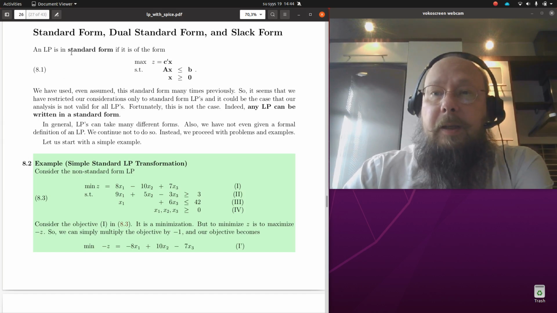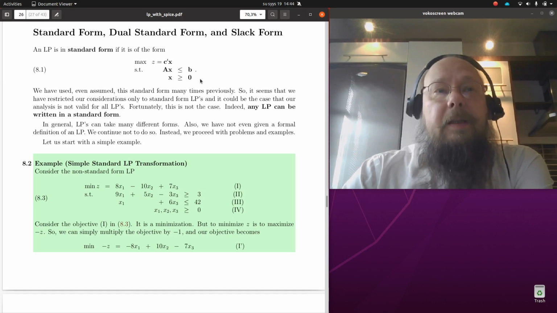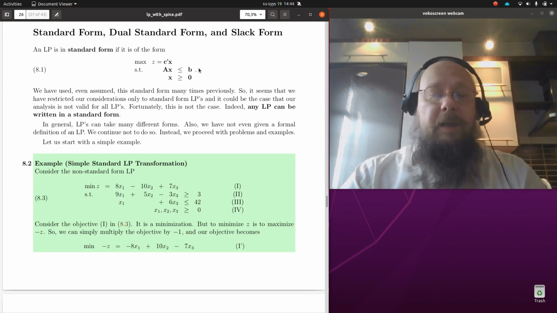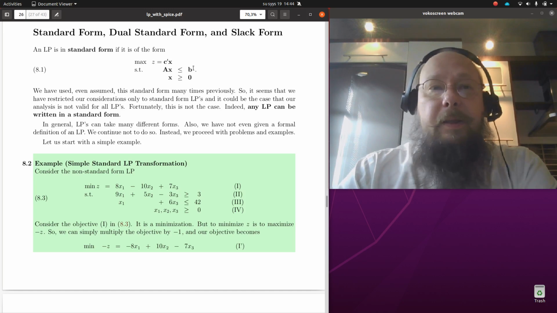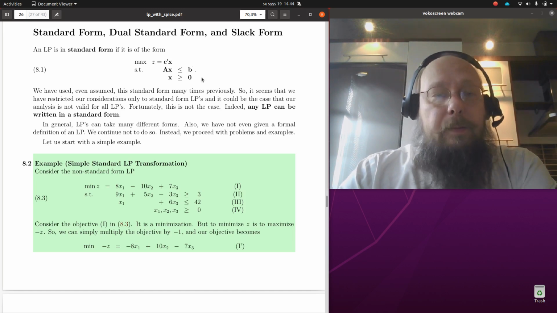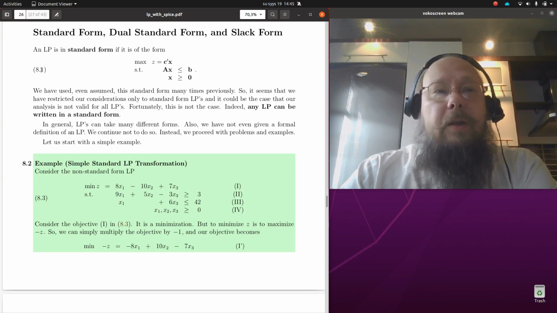For example, GLPK thinks a standard form is something completely different than this, and some people consider standard form to be a minimization and not maximization. I like maximization for some reason, so I take max to be the standard.